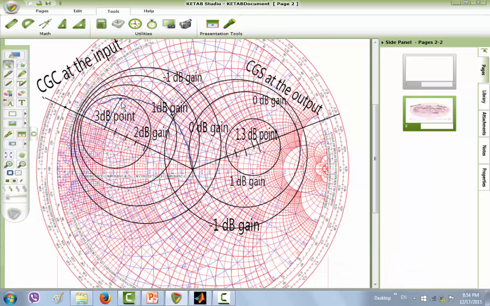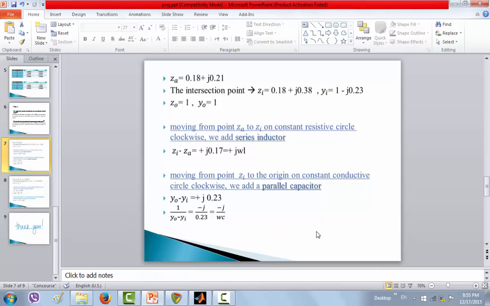And moving from the intersection point to the origin, we moved on a constant conductive circle, also clockwise. So here we're adding a parallel capacitor, and we find its value by subtracting the admittance of the origin minus the admittance of the intersection point, as here in the solution.